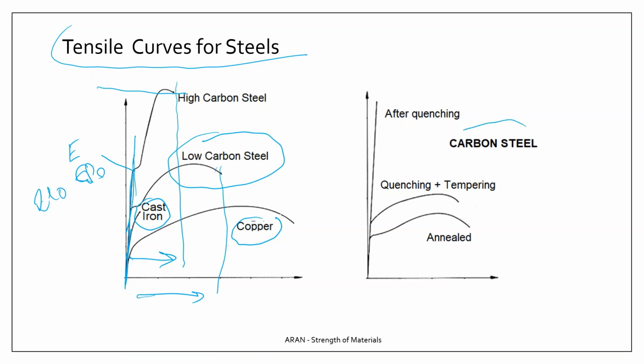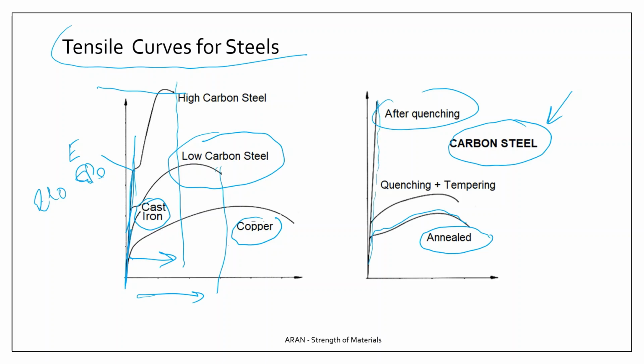So you can also take one material and change its structure. For example, you can take steel. A carbon steel in the annealed condition will have a stress-strain curve like this. If you quench it, if you have a martensitic structure, then the same material, the same chemical composition, but the structure is completely different.